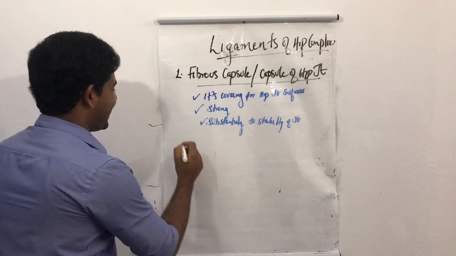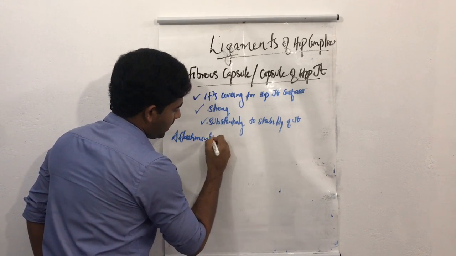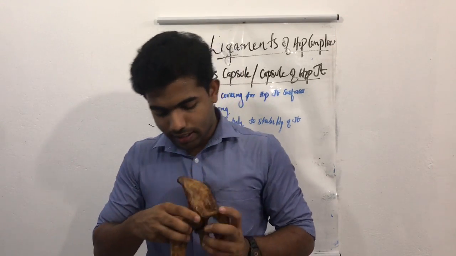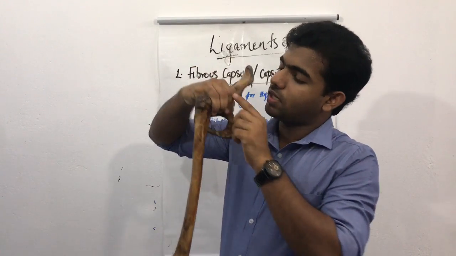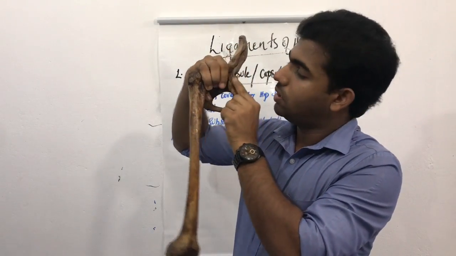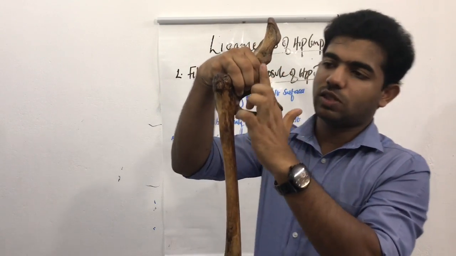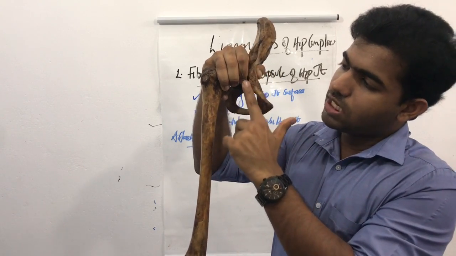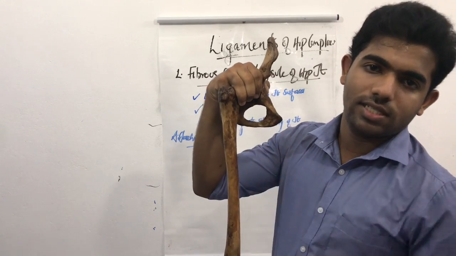Now, what are its attachments? Let us see it. Here, when I showed the hip complex or hip joint, you see here we have the acetabulum. So this starts from the rim of the acetabulum. If I open my index finger, that's showing the opening. That starts from the rim of the acetabulum and attaches to the intertrochanteric crest.